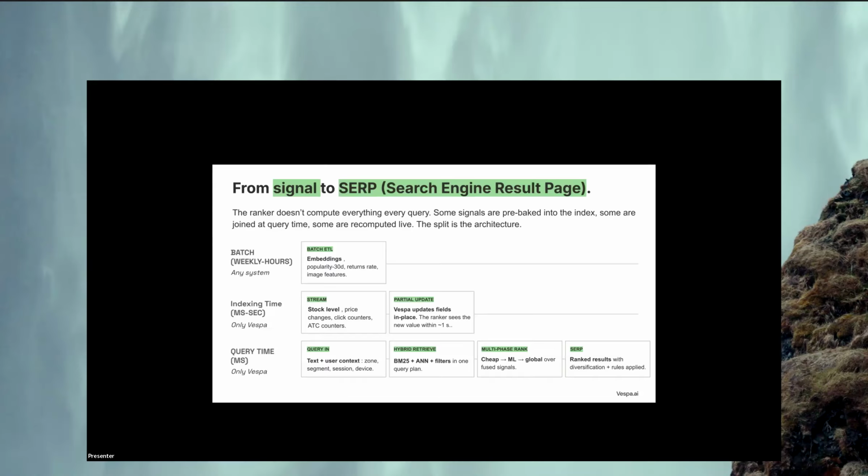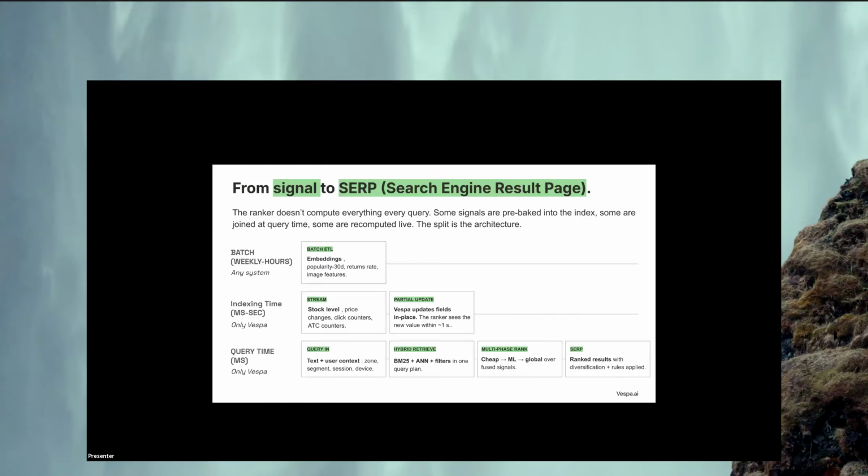The third category of signals are the signals that only exist at the moment of the request, and these are query time signals. And the scale here is milliseconds. So the way this works is that at query time, we have the text and a bunch of user context and additional parameters. Those user context features can be the zone, the segment, the session, the weather, the device, etc.